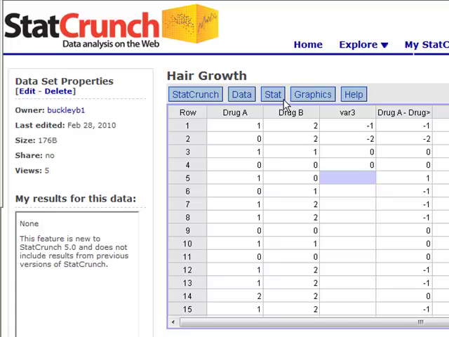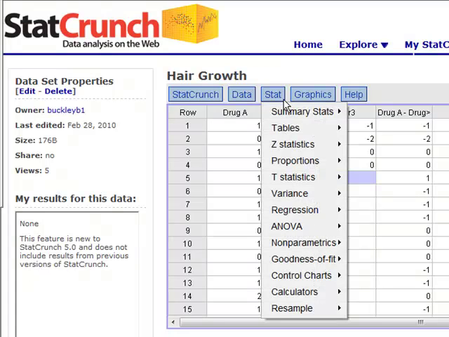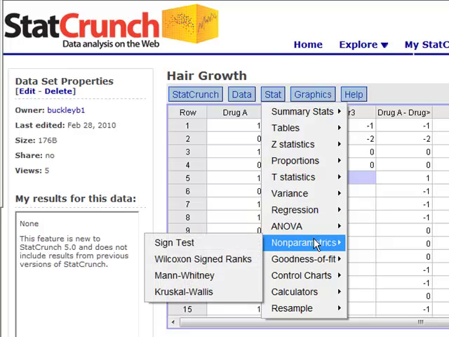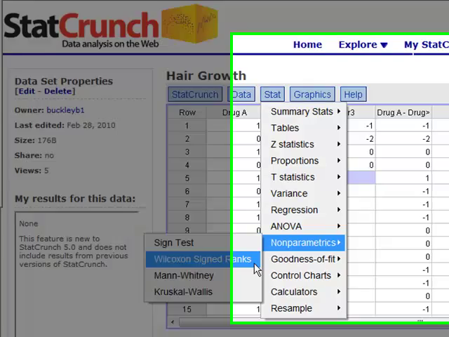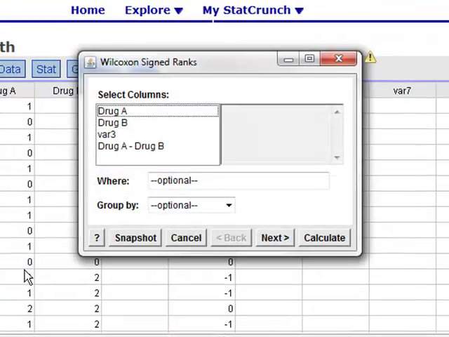So much like the Mann-Whitney test, if we go to the Stat menu and to non-parametric, you'll see that the second test that's given is the Wilcoxon signed rank test, which is the test that we would apply to this data since it's dependent. So if we select this test, we have to select the column that we'd like to compare.